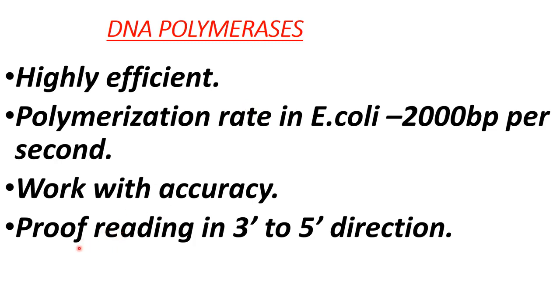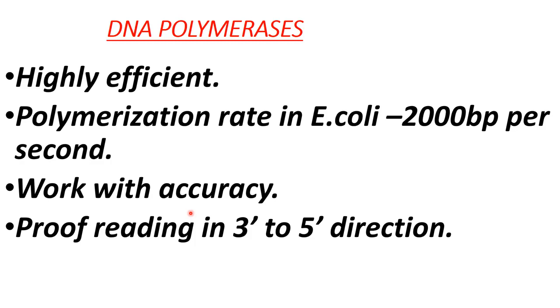Then the next thing is proofreading. Once the DNA polymerase has done its action, meaning it has polymerized the new strands of DNA, it is cross-checked. DNA polymerase itself does the proofreading, the cross-checking of that new strand of DNA, whether it is right or not.